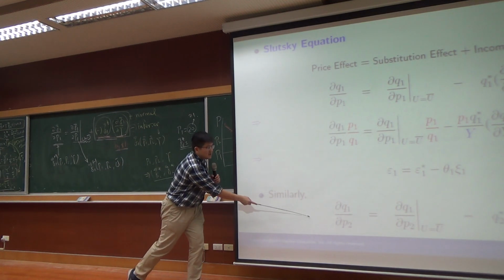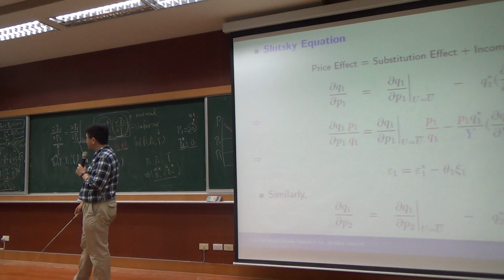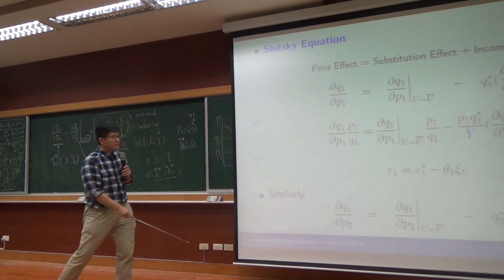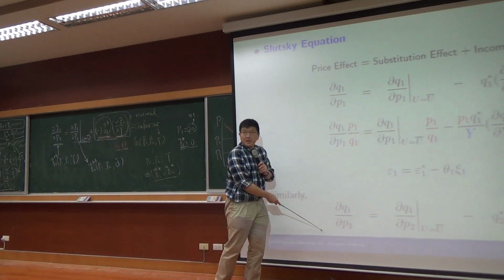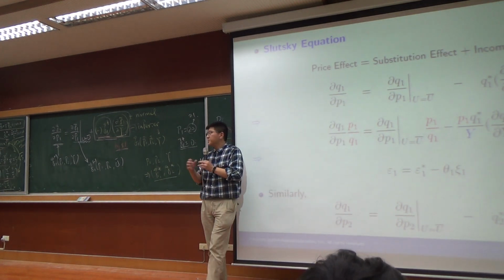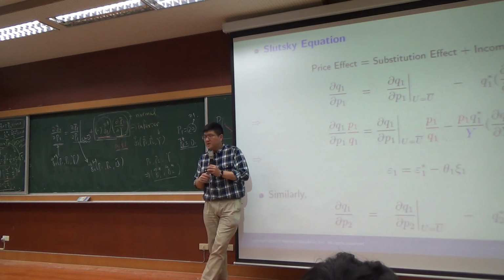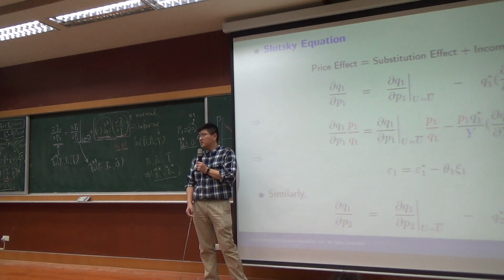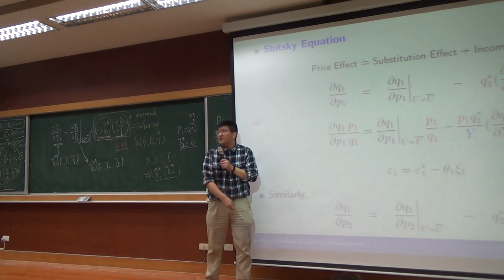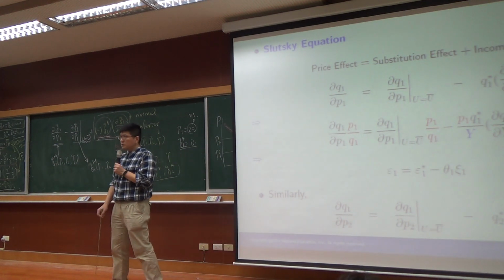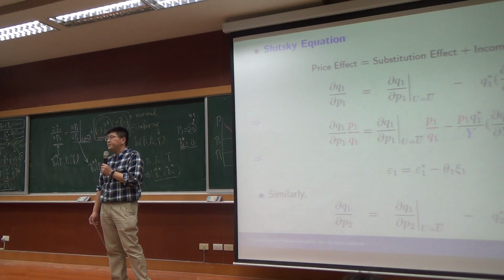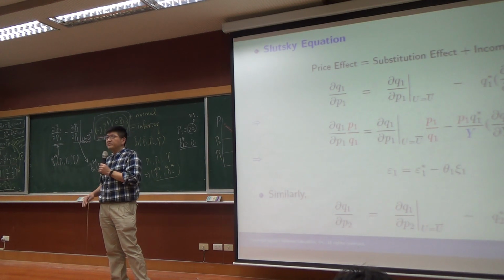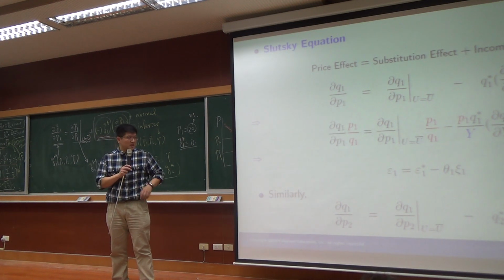And similarly, what about this equation? Let's have a look at this one. We are talking about the price effect, but this time it's a cross effect because we want to analyze how Q1 responds to the increase of P2, the price of the other commodity.